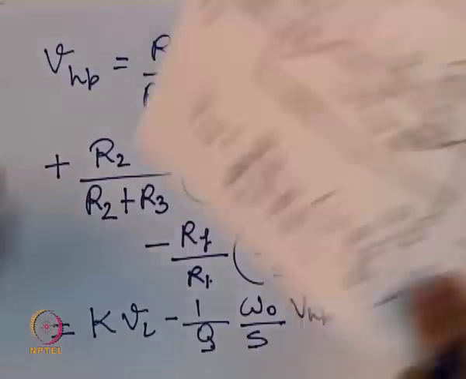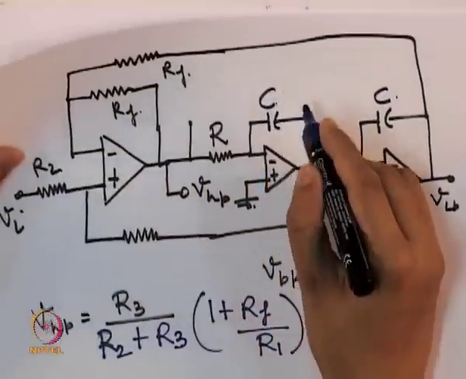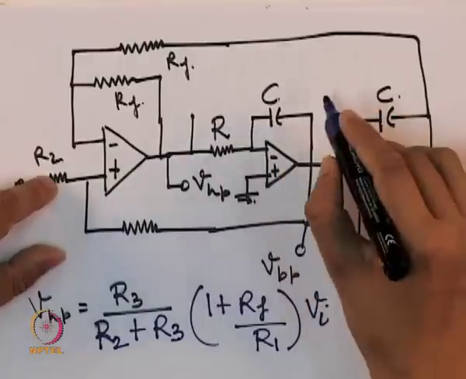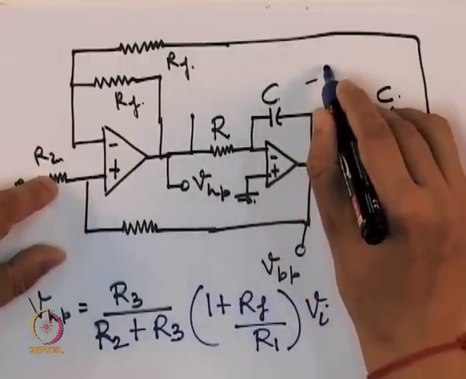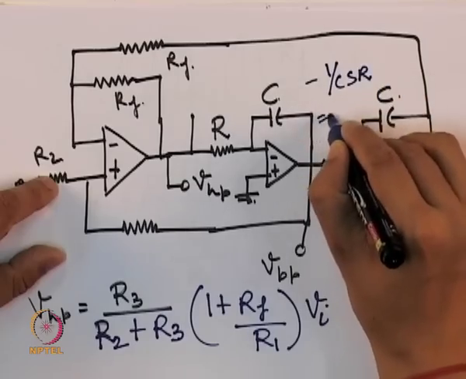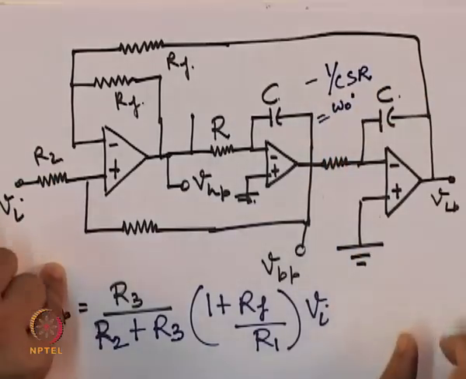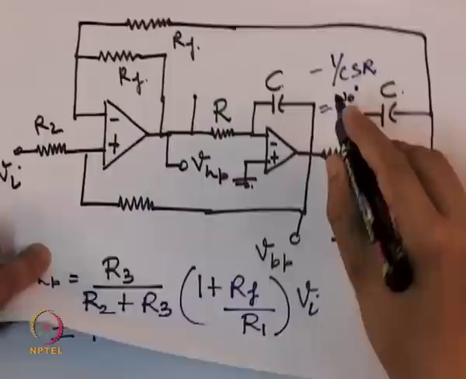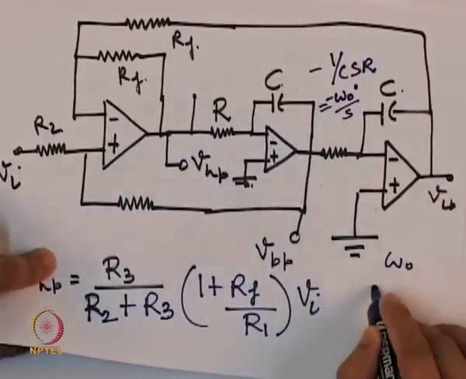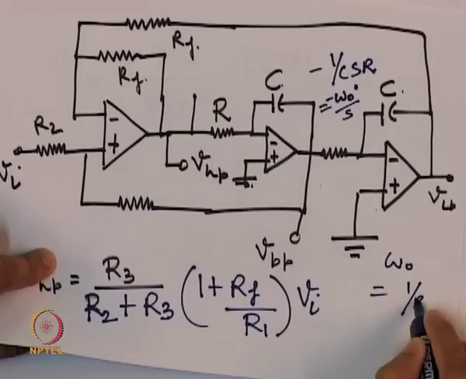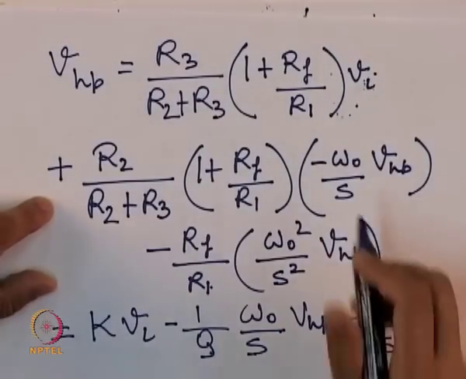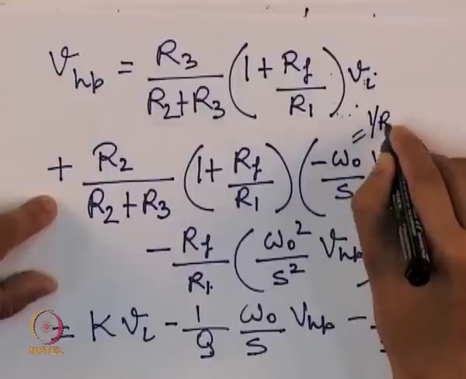Now, here the gain from these capacitor based op-amps, where the capacitors are connected in the feedback loop, is minus 1 upon CSR, and this is equal to omega 0 upon S. So, omega 0 is equal to 1 upon RC. Okay. So, the value of these omega zeros is 1 upon RC.